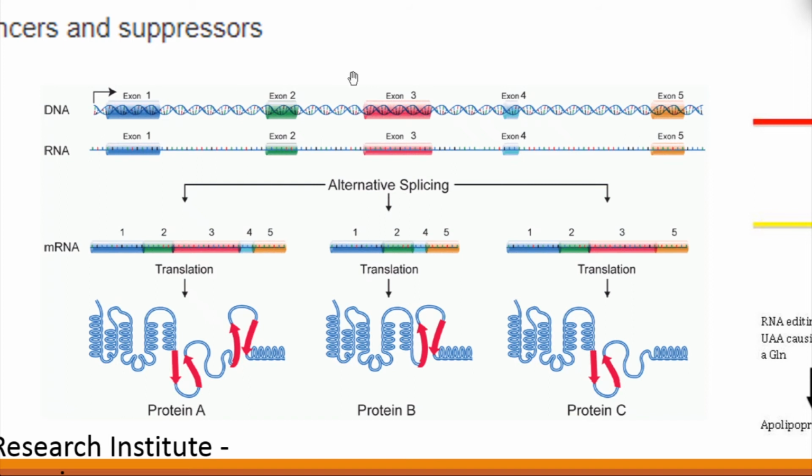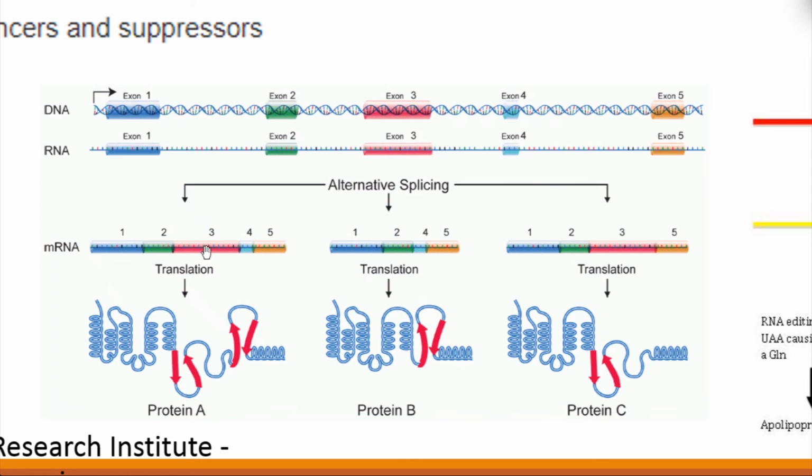As we can see here, there are certain gene sequences in blue, green, red, blue and orange color. These are all exons. Exons are the coding sequences, whereas the sequences of DNA between these exons are called introns, which are the non-coding sequences. Once your mRNA is formed, these introns are removed in a process called intron splicing to form your pre-mRNA.